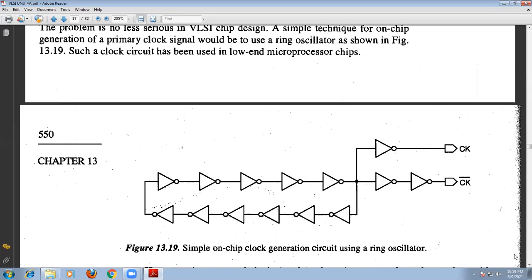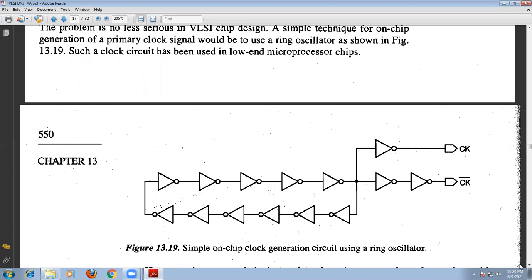Second, it should have a specified duty cycle, and third, it should have zero skew. These are the three important points an ideal clock signal must have.